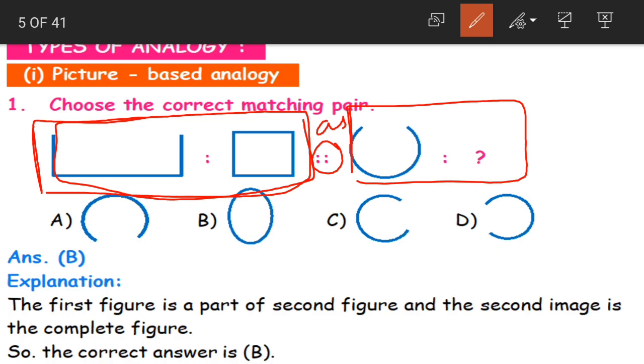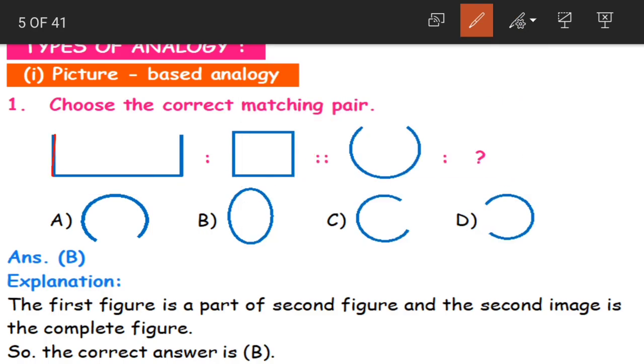We need to understand the relationship between the first two figures. What is the relationship between these two? See, from this we will get this. Yes, this is a part of the second figure. If we draw a single line, then it will be our second figure. Understood, children?